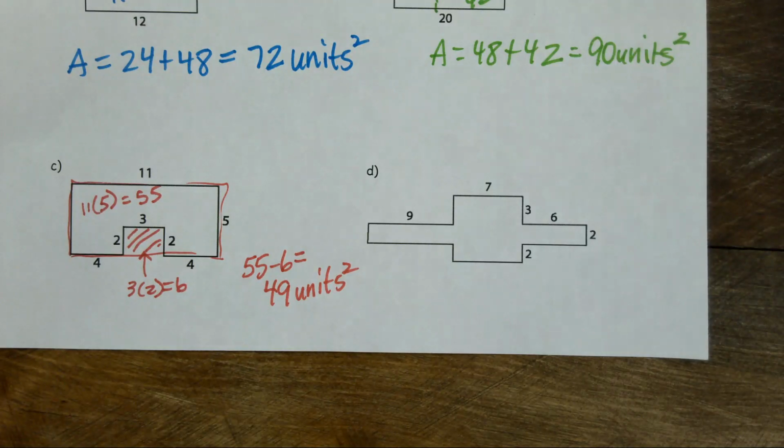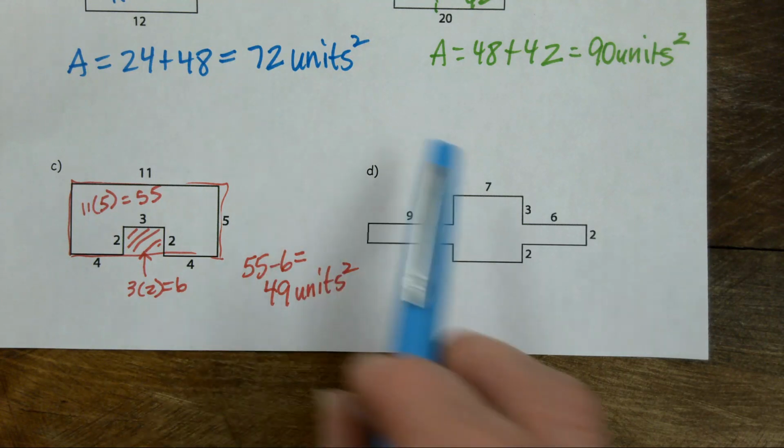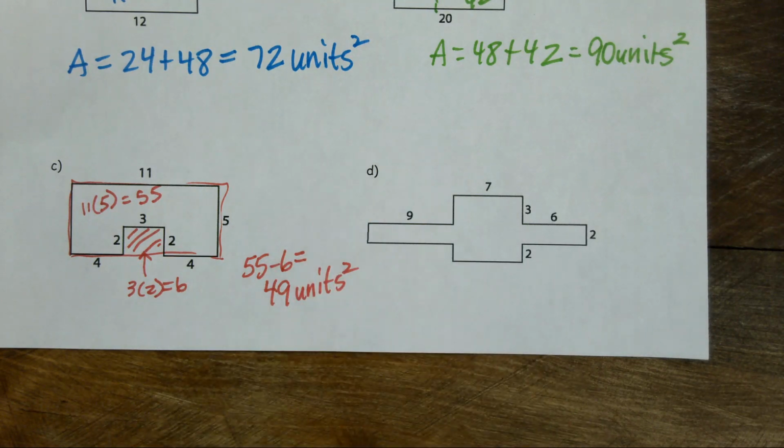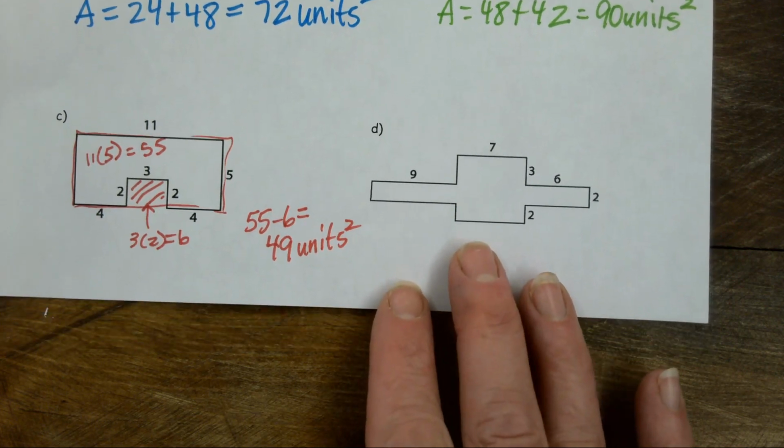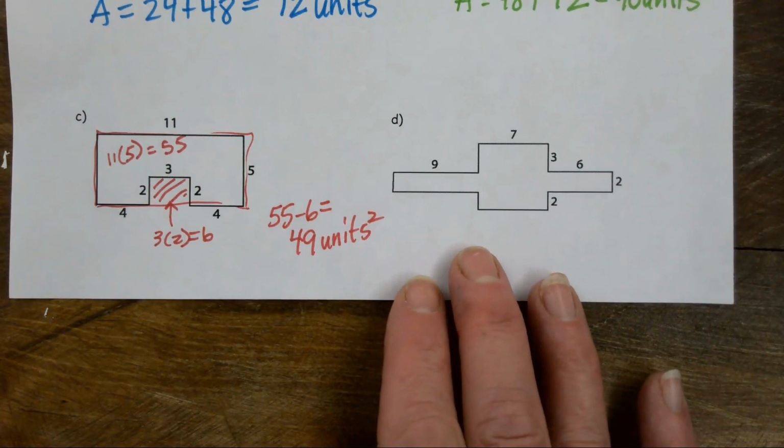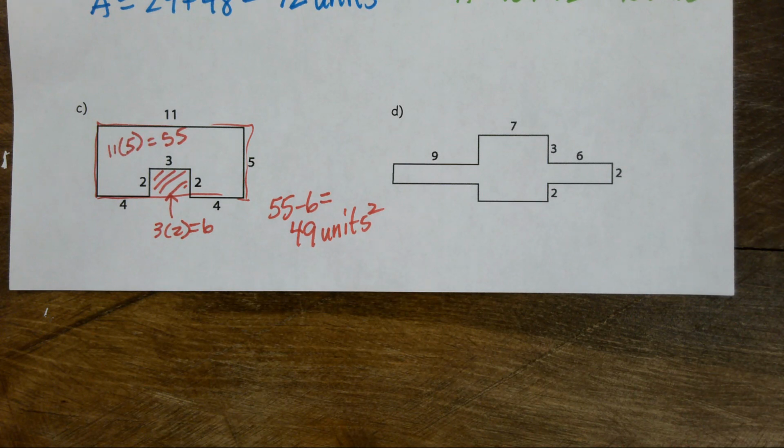So I'm open for some suggestions on letter D. Does anybody want to come and draw lines in here, take a look at it, make an adjustment, see how they want it to look? Or tell me where to draw a line? Jonathan. Draw a line.